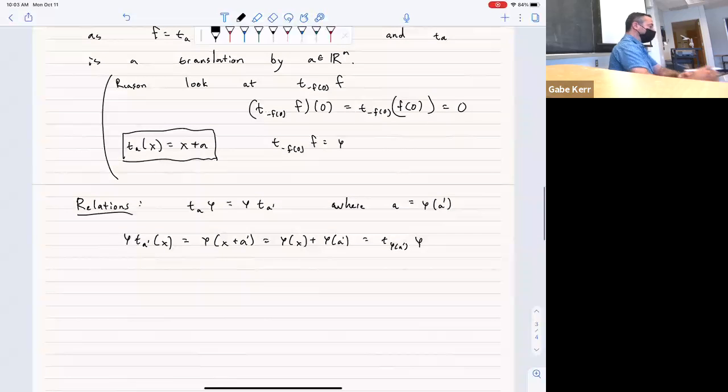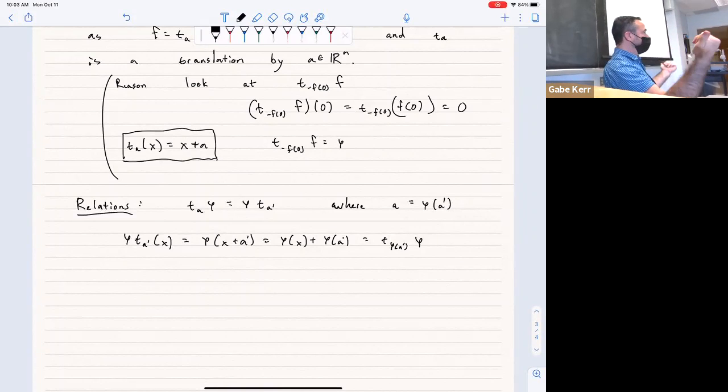Okay. So the point really is that you can take a translation and move it to the other side, so long as you change what you're translating.